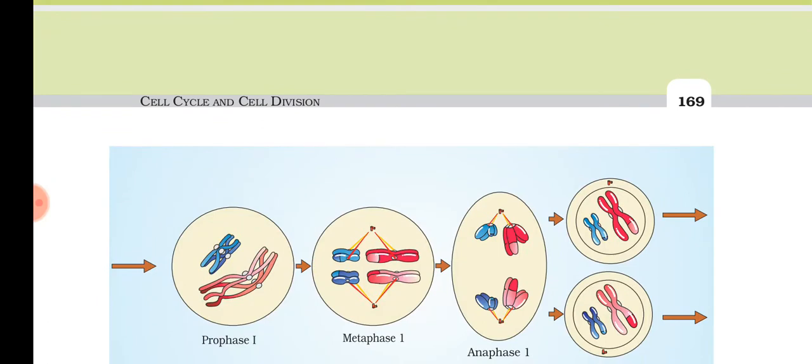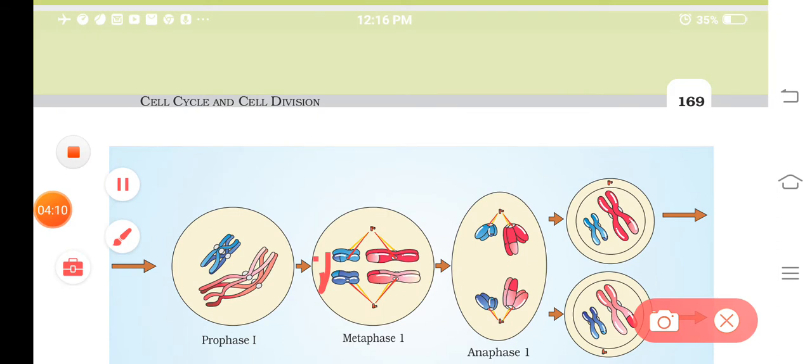In mitosis the spindle fibers are attached to the centromere of the chromatids, but here these chromosomes are homologous pairs, and these are also homologous pairs.